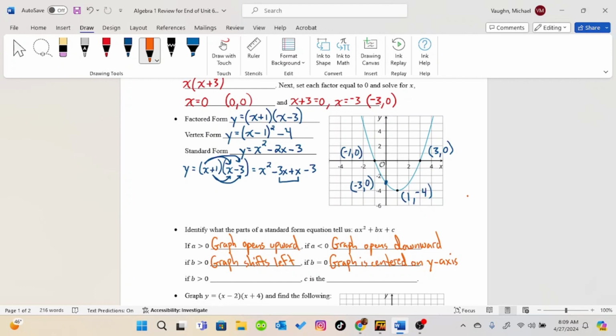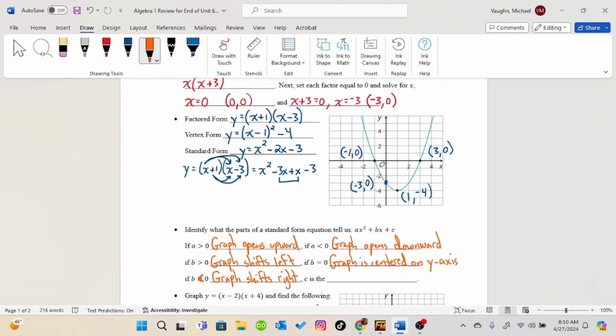And if b is less than 0, meaning b is negative, then this tells us the graph shifts right.